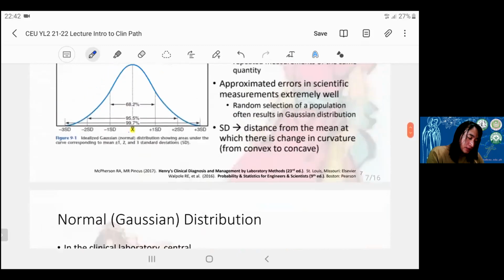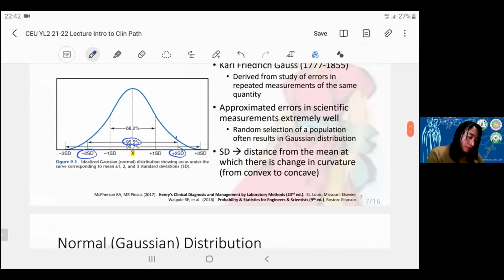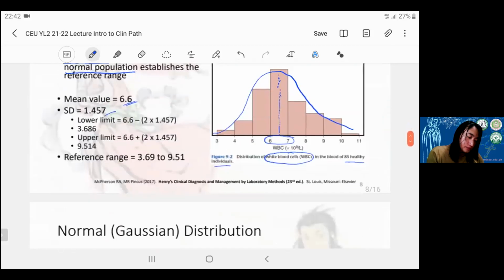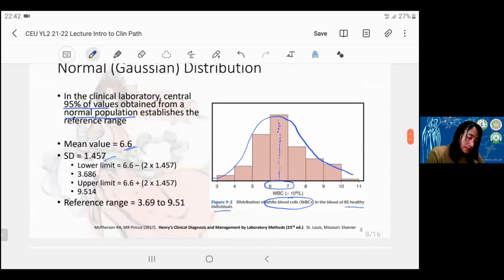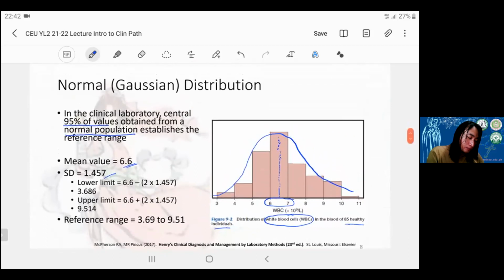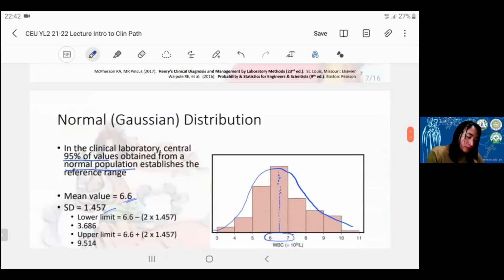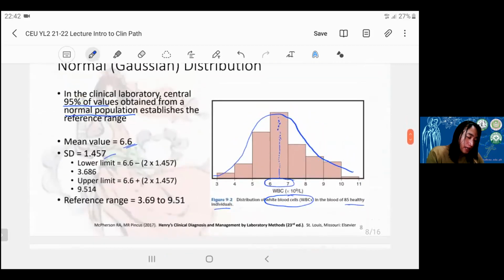And 95% would mean that it is within 2 standard deviations above and below your mean value. So here you have 6.6 and your standard deviation or the distance from the mean would be 1.457. And because we are trying to determine two standard deviations from the mean value, we multiply it by 2.